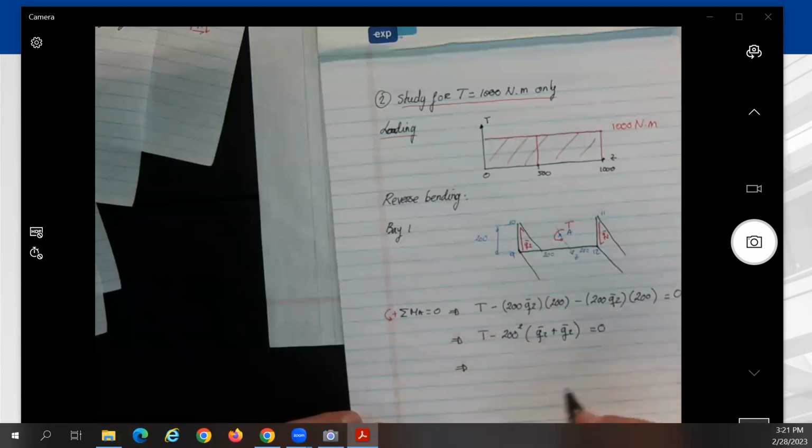For Q bar 2, so Q bar 2 will be equal to what? It will be equal to T divided by 2 times 200 squared.